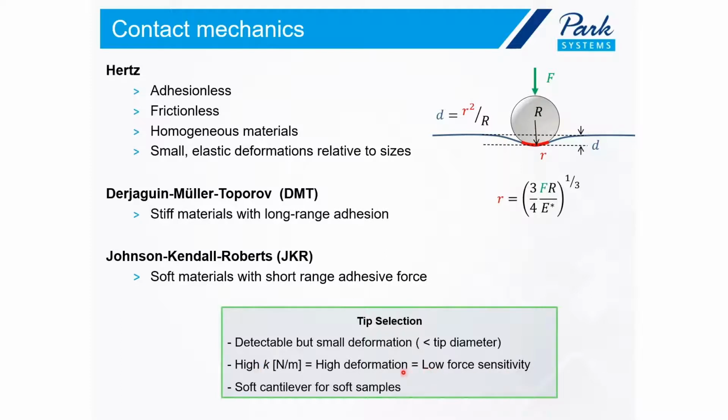So there has to be kind of a balance between these two. A general rule of thumb is to use soft cantilevers for soft samples and vice versa. So there is really no one size that fits all. One has to play around with some probes and models a little bit to get to the nanomechanical properties.